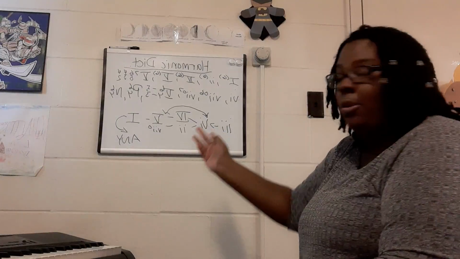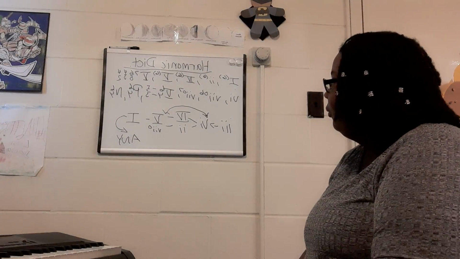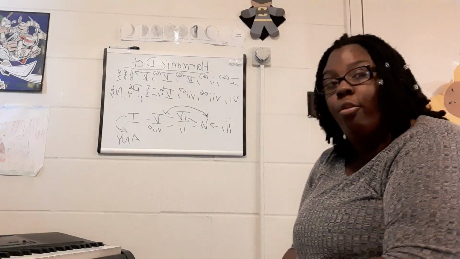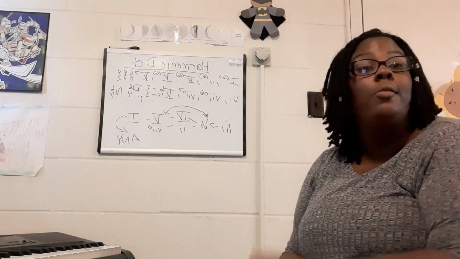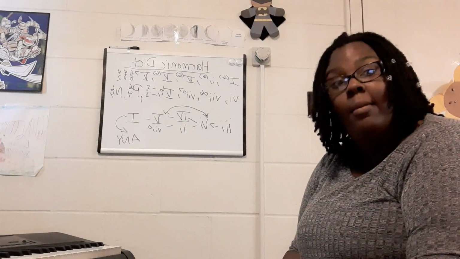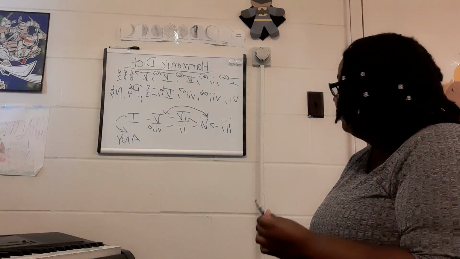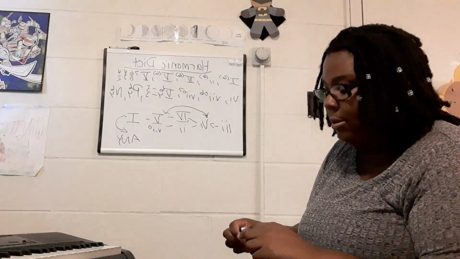If not, it's going to go directly to I. Okay? What you shouldn't have in your dictation is a V chord resolving to IV. V cannot resolve to IV in traditional music. Maybe in popular music it can, but not for this purpose. So keep this in mind when you're doing your harmonic dictation.